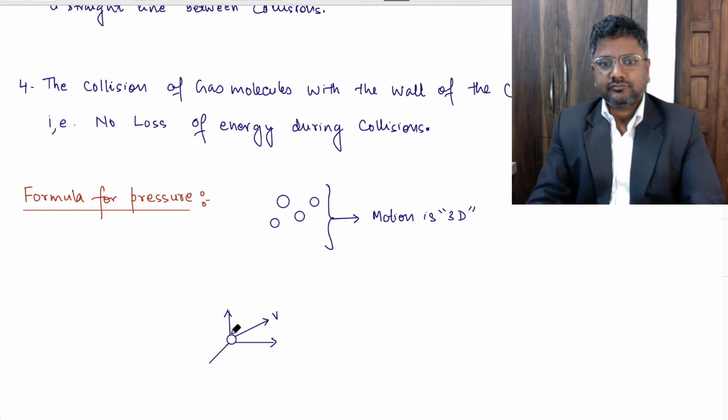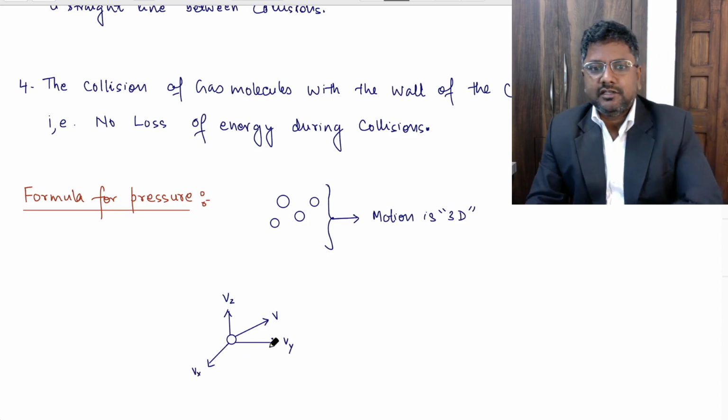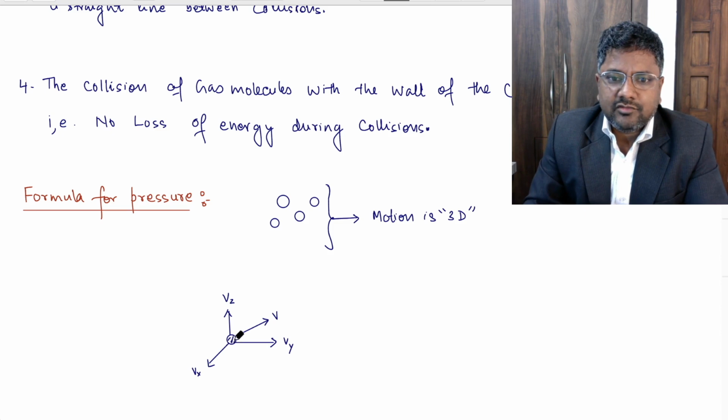Okay, so suppose that this is vz component, this is vy component, and this is vx component, right? So this is a gas molecule, and this has the velocity.